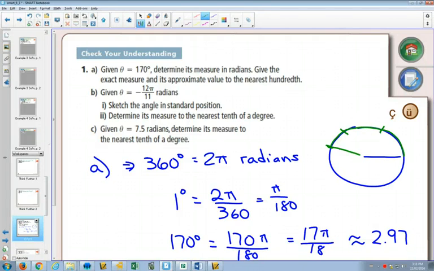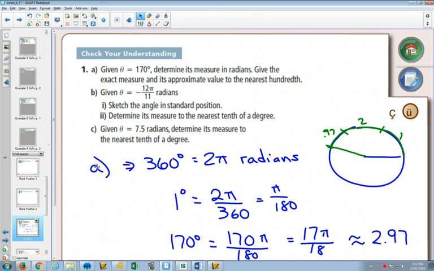Does that look like 170 degrees? Seems reasonable. And that's the idea. We would travel the radius once, twice, another 0.97 of the way around. And that would be equivalent to 170 degrees.